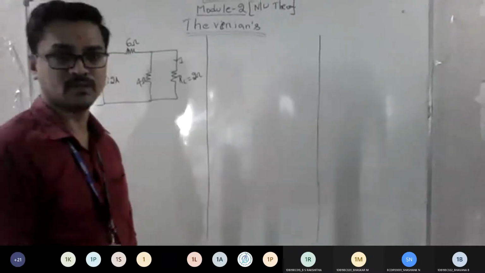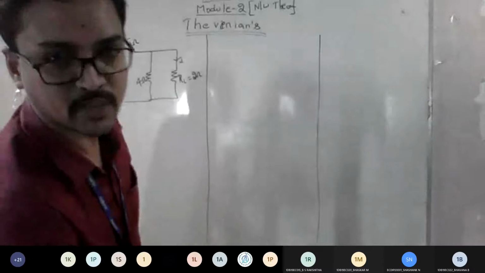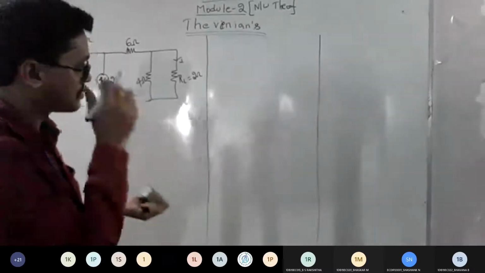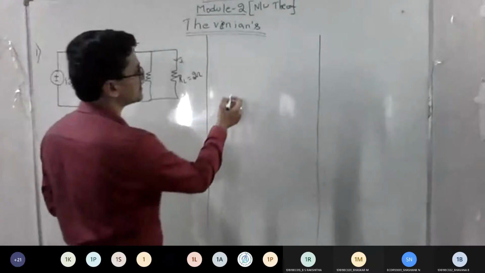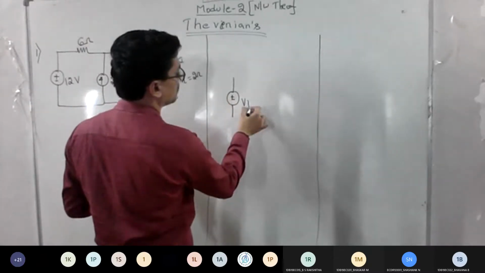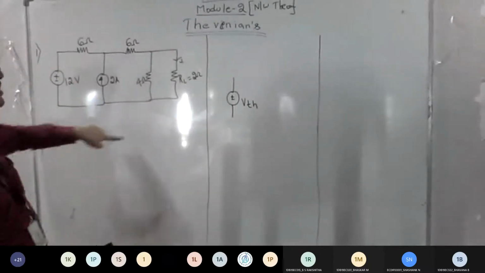What did I tell you? Whenever the question says Thevenin's, we need to find two things. Let me write a generalized circuit first. We need to calculate the equivalent Thevenin's voltage. Here, n number of circuits are there, right?